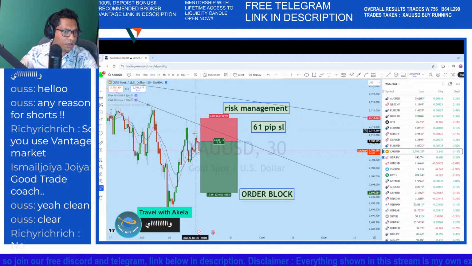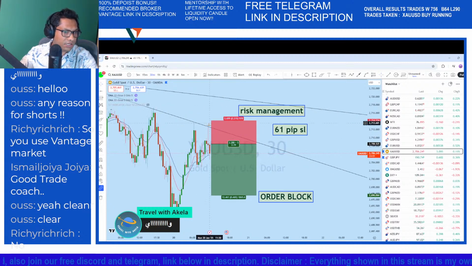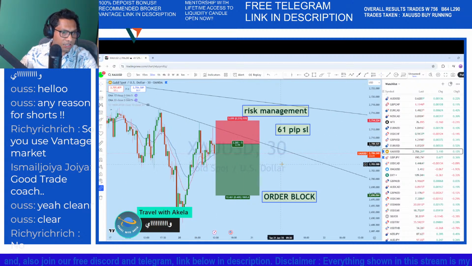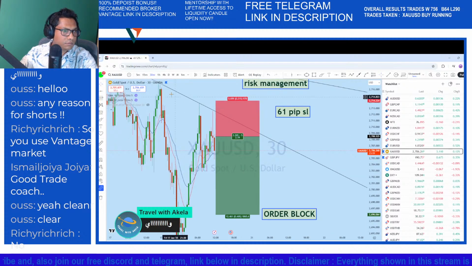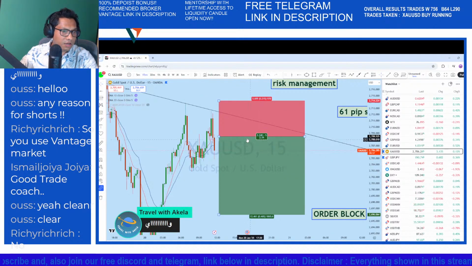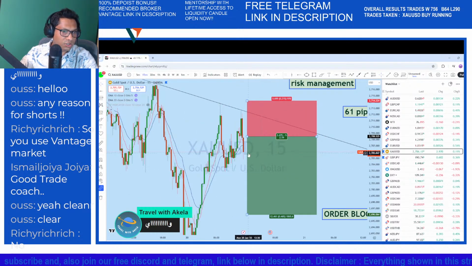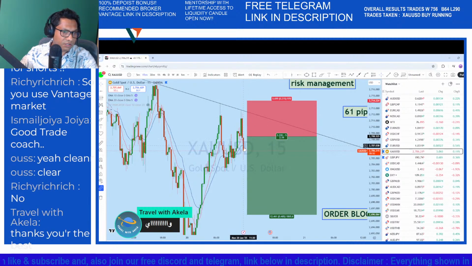There's a long wick doji here on XAUUSD, creating a series of lower high. In that long wick doji, you can see this is a red bearish engulfer. There's another bearish candle.